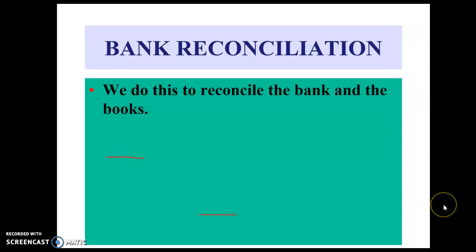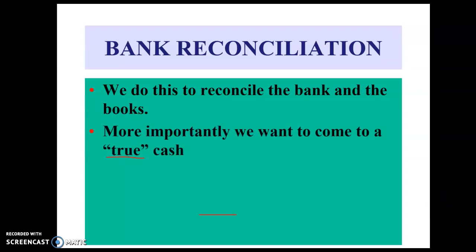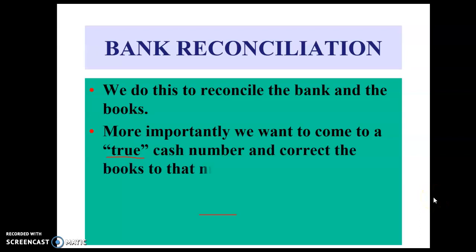What we're trying to reconcile, or bring together, is the ending bank statement amount and the ending amount for the same period that's in your books, which would include your check register and the general ledger cash.